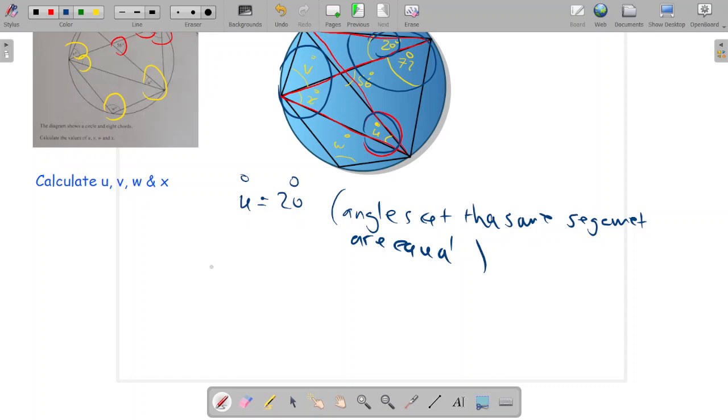So you will say that angle v plus x are equal to 180 degrees when you add them together. Or you will say that, sorry, the total angles v plus x plus 20 degrees plus 72 degrees, when you add these angles together, they sum up to 180 degrees.